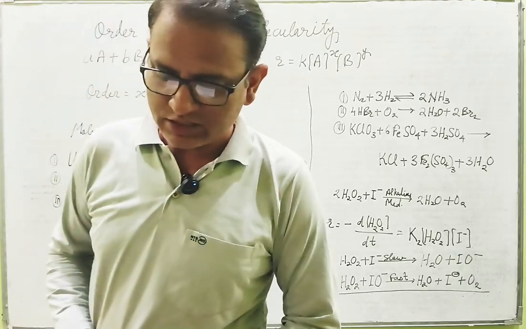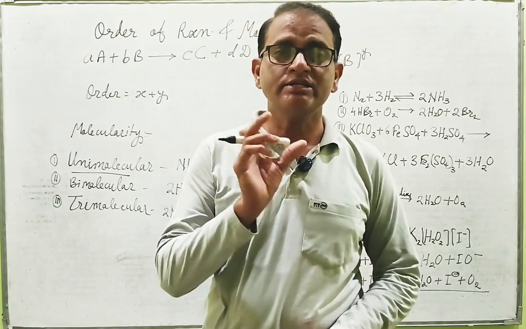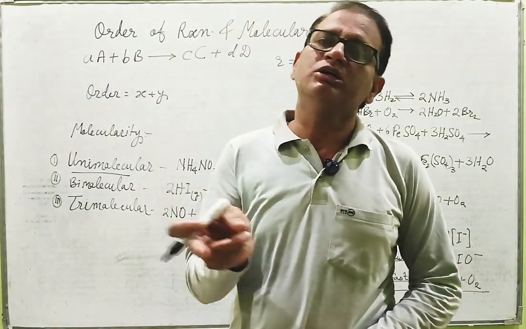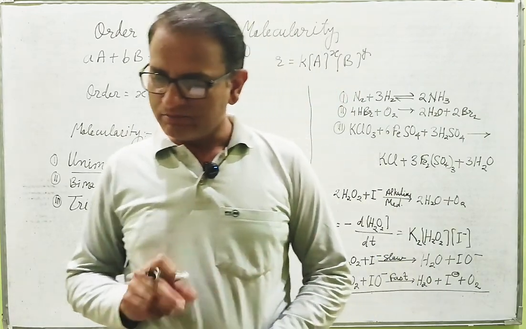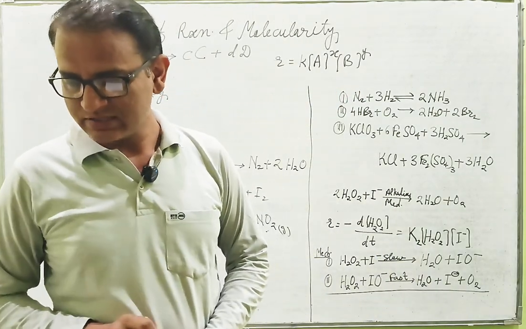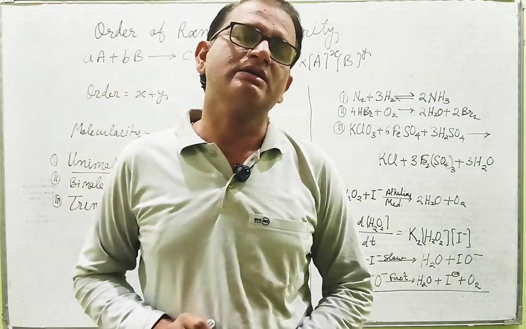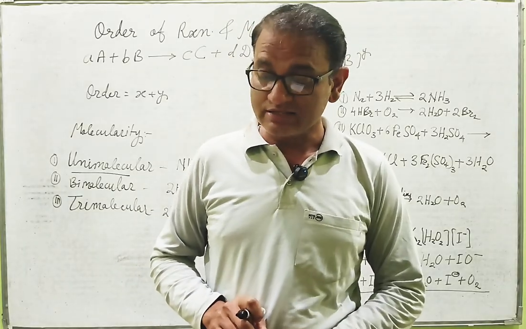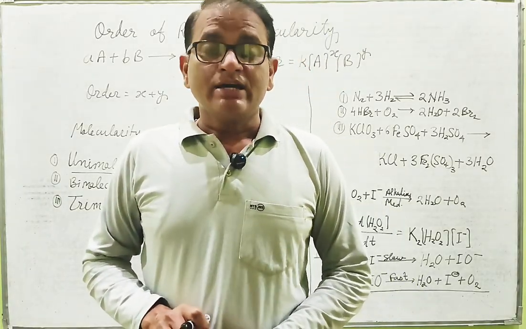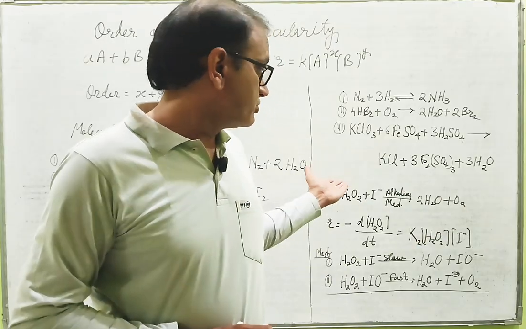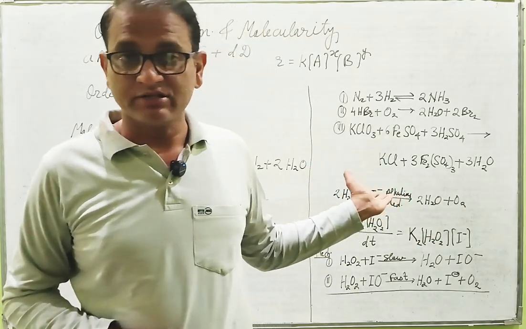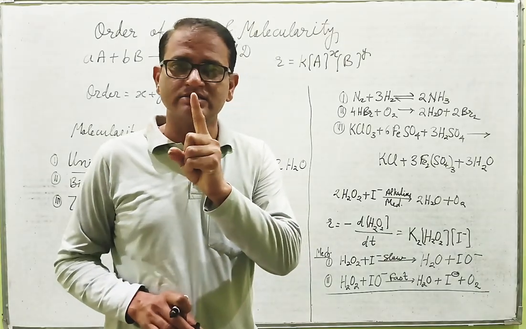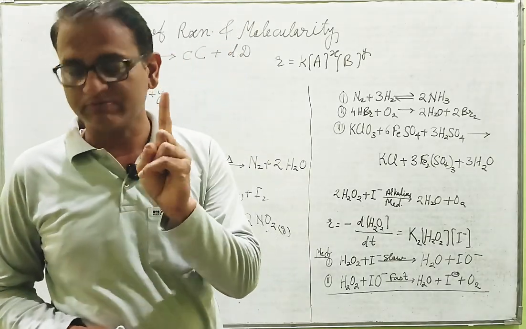The number of reactants undergoing simultaneous collision in an elementary step is called molecularity. But the sum of powers of concentration terms in the rate law expression is called the order of reaction. Molecularity is a theoretical value, but order of reaction is a practical, experimental value.